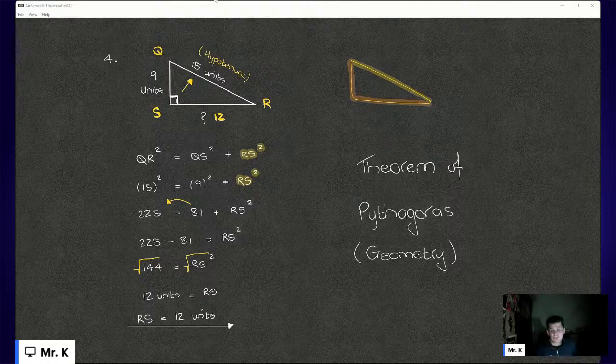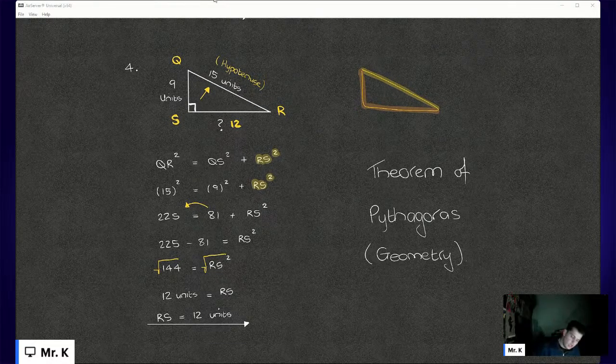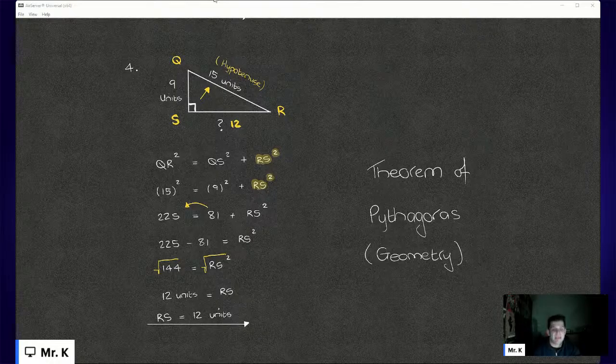Okay, it falls under the chapter of geometry because we use this to solve missing lengths when we are working in geometry. All right. So I hope that example number 4 has made some sense to you guys, and that this whole concept of the theorem of Pythagoras makes a fair amount of sense.